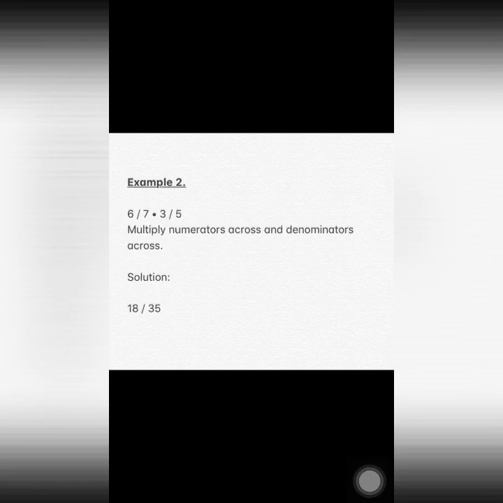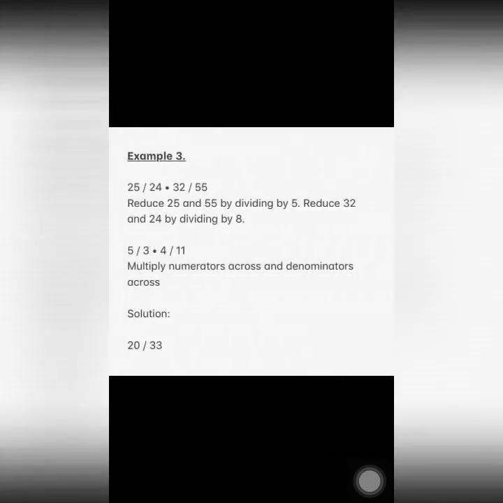So in multiplying, we can reduce our fractions before we multiply. We can either reduce vertically with a single fraction or diagonally with several fractions, as long as we use one number from the numerator and one number from the denominator. So example, 25 over 24 times 32 over 55.